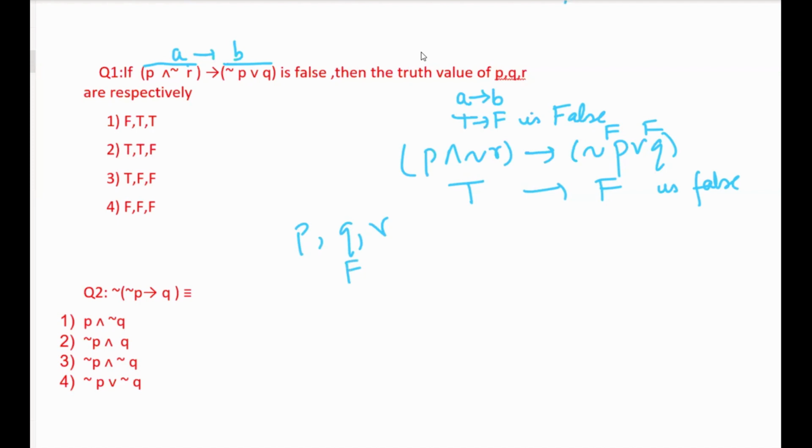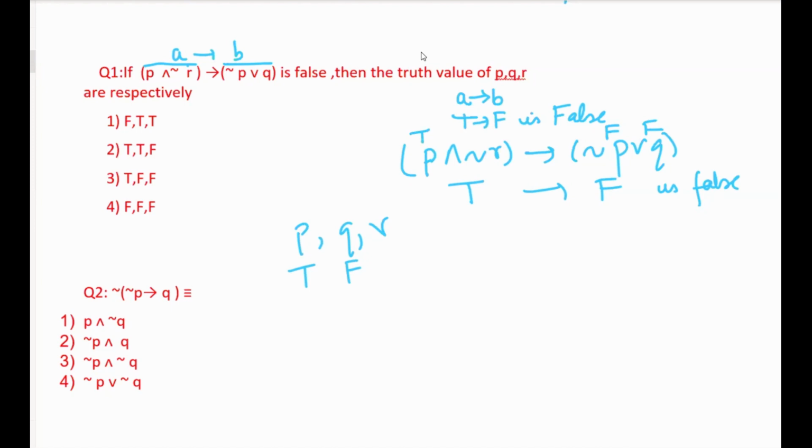And from here I get negation P is false. If negation P is false, then P will be true. So I get the truth values of P and Q. We are left with only R. Now we move to the first part. I obtained the truth value of P as true.